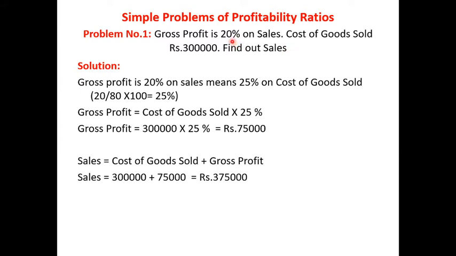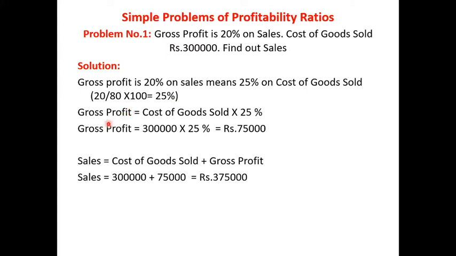So, first we have to convert this percentage on sales into cost of goods sold. That is, gross profit is 20% on sales means 25% on cost of goods sold. How this 25% has come means 20 divided by 80 into 100. That is 25%.